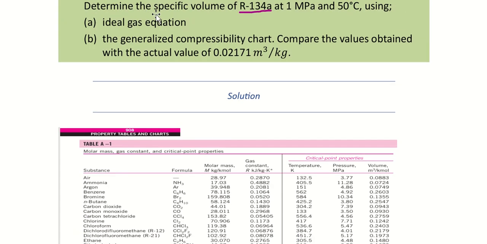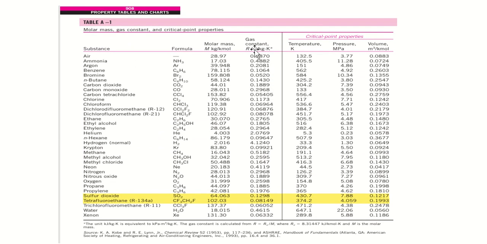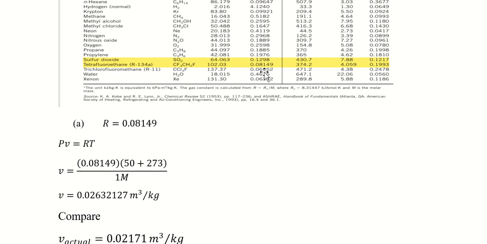Since I've said that it's the specific volume of R-134A, within the ideal gas equation, to substitute the R, we take this value right here. You see, we get it from the table. So you're not going to answer this question without this table. And that lies under the gas constant R, kilojoule per kilogram per Kelvin.